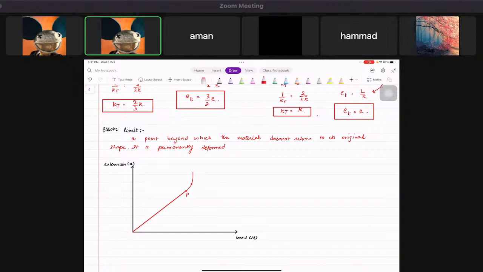So P is the limit of proportionality, so it always comes first, and then comes elastic limit, and beyond this it does not return to its original shape.